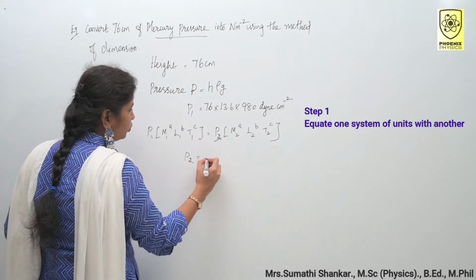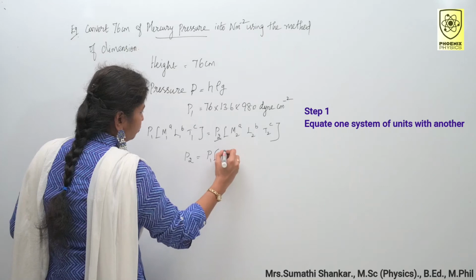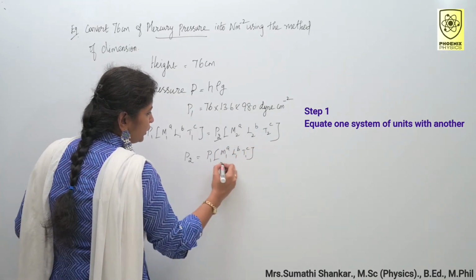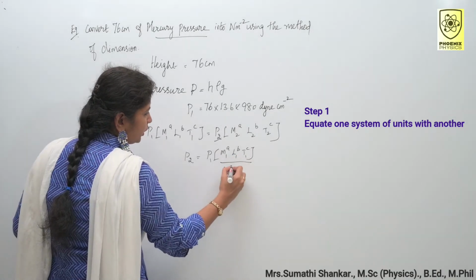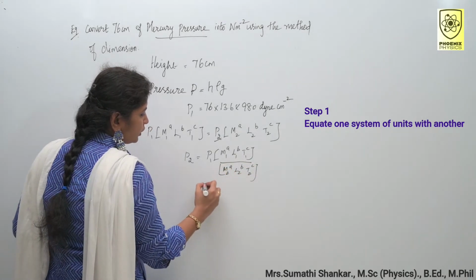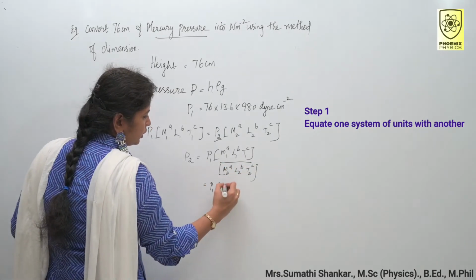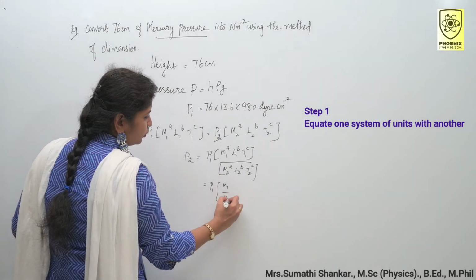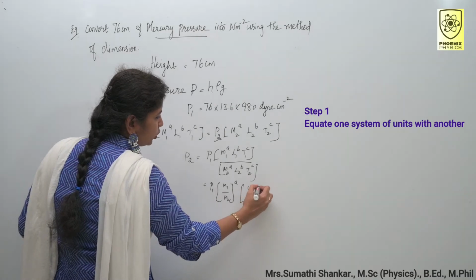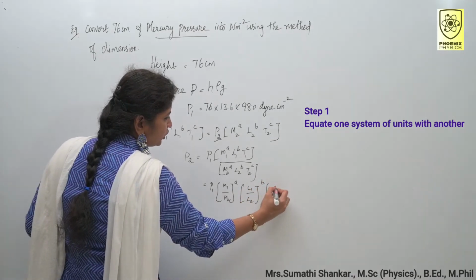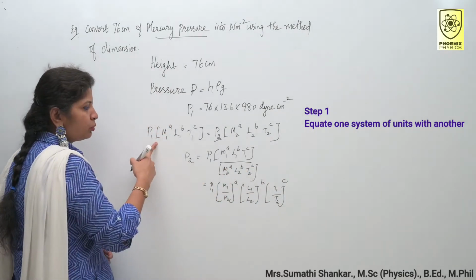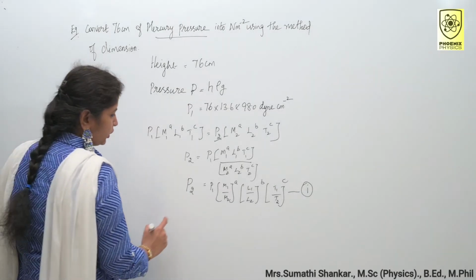P2 is equal to P1 M1 to the power A L1 to the power B T1 to the power C divided by M2 to the power A L2 to the power B T2 to the power C, or we can write it as P1 into M1 by M2 to the power A, L1 by L2 to the power B, T1 by T2 to the power C. So first step over. This is our equation 1.